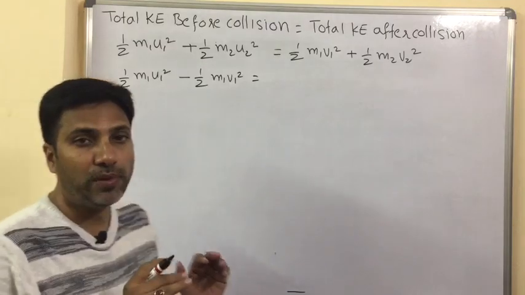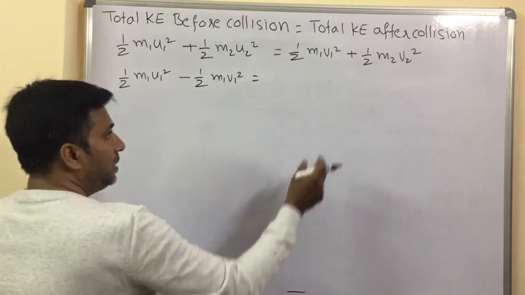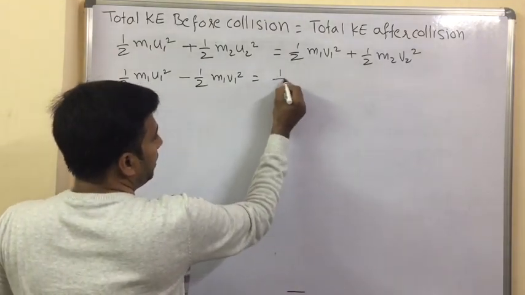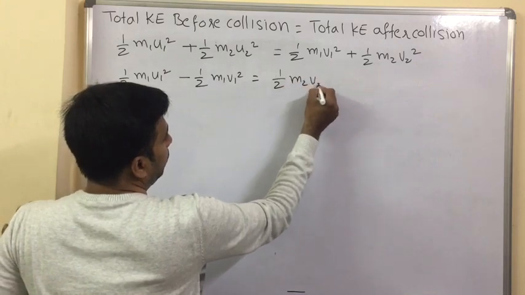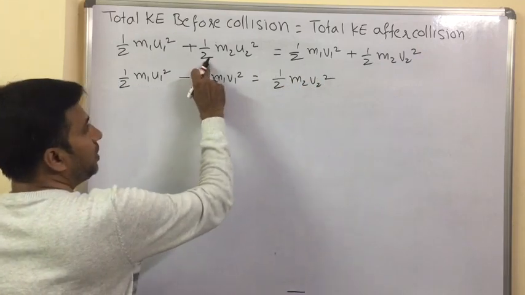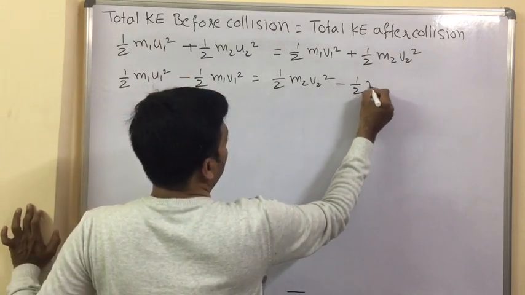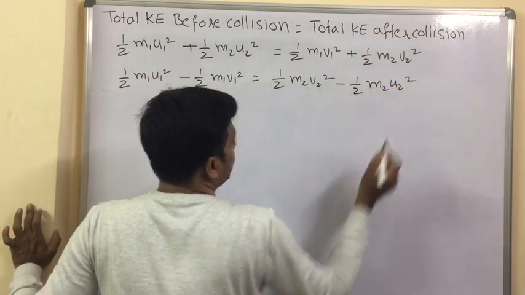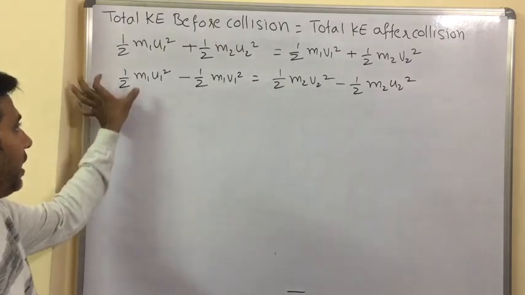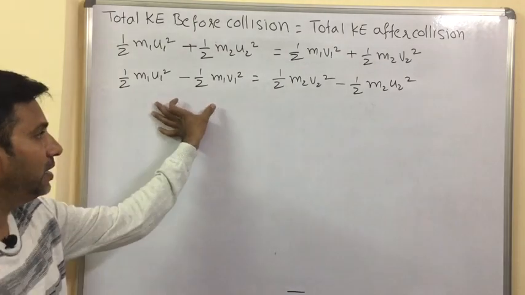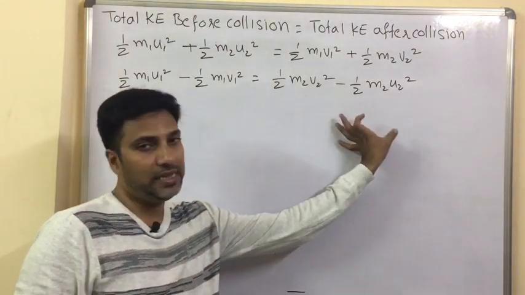Now m2 terms we have to keep on the right side. Therefore this term as it is I am copying here, half m2 v2 square. This term I am taking on the right side, so it will become minus half m2 u2 square. In the next step we can take half m1 common on this side and half m2 common on this side.